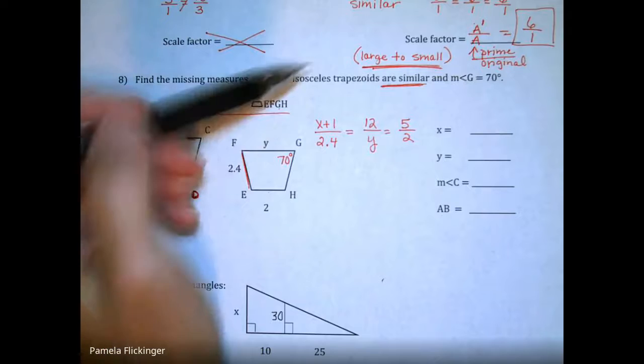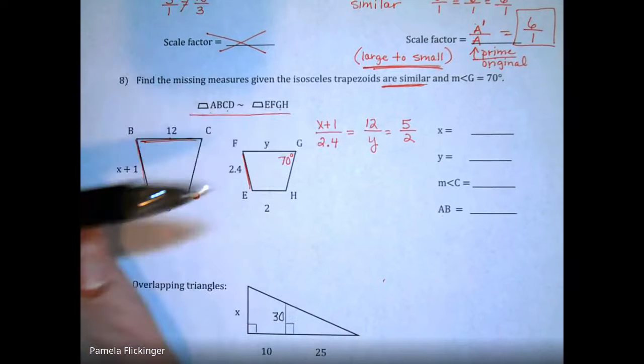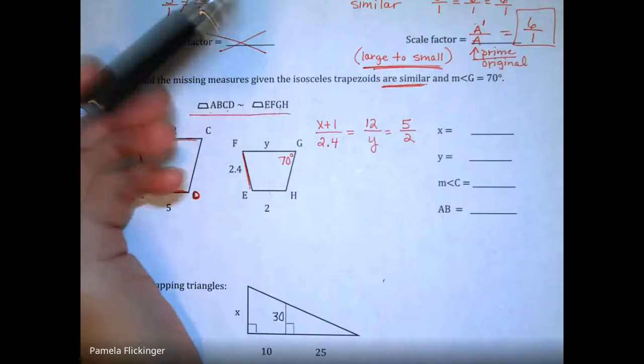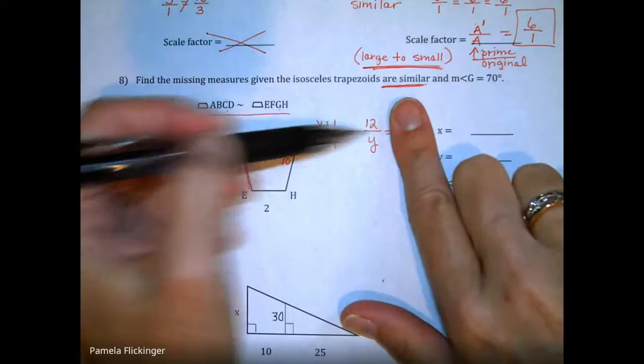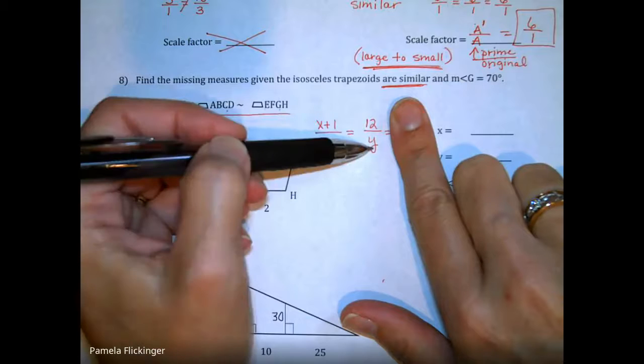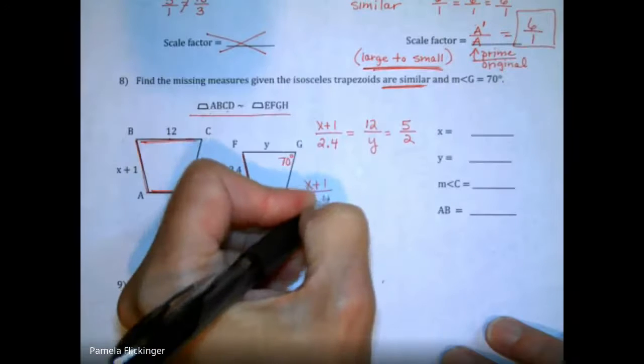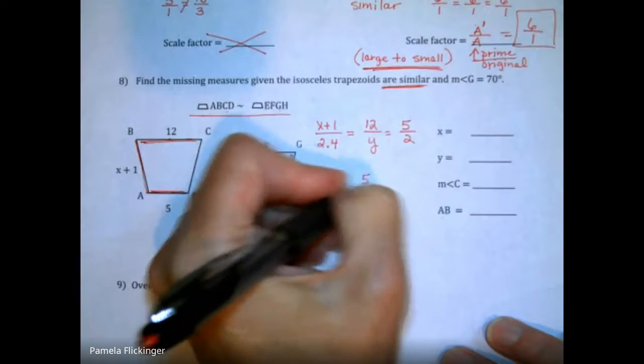Now again, I've got 3 ratios, but to solve a proportion, you can only use 2 at a time. So obviously I can't use these 2 that have both the x and the y in it. I'm going to have to pull the x plus 1 over 2.4 and match it with the 5 over 2.